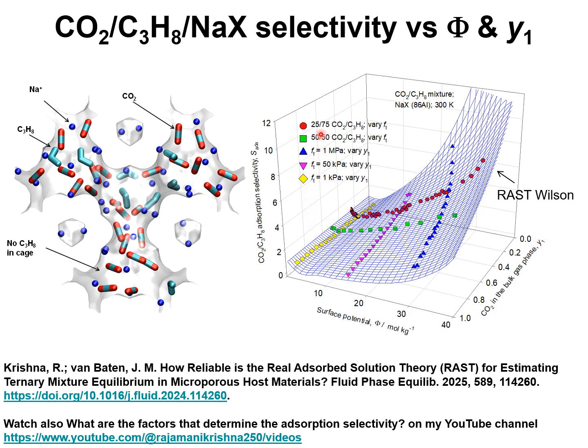5 different CBMC simulations were carried out, shown by the symbols here, and all 5 CBMC data sets reside on a 3D surface mesh that is created using the Wilson parameters for fitting of the activity coefficients describing deviations from thermodynamic non-idealities.